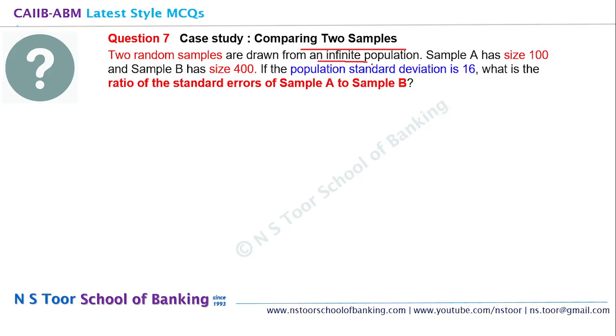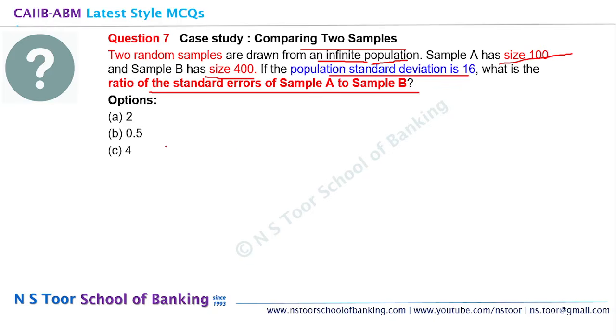This word is very important. कहाँ से निकाला? Infinite population से दो random sample निकाल लिए. And sample A has a size of 100 and sample B has a size of 400. If the population standard deviation is 16, what is the ratio of standard error of sample A and sample B?